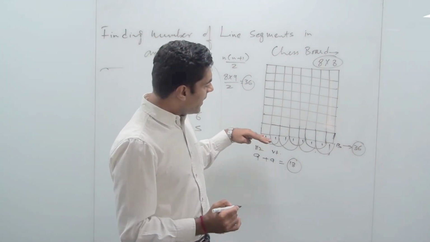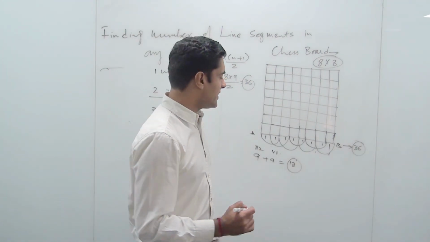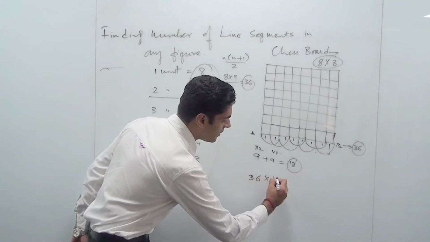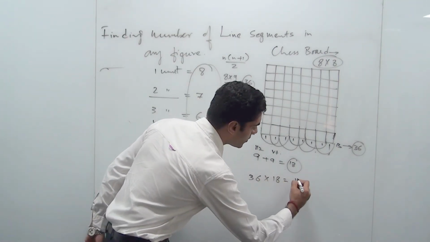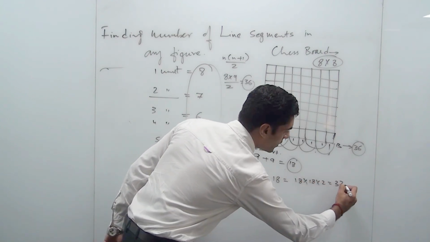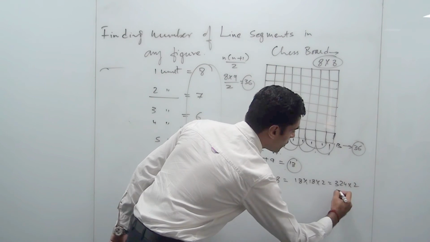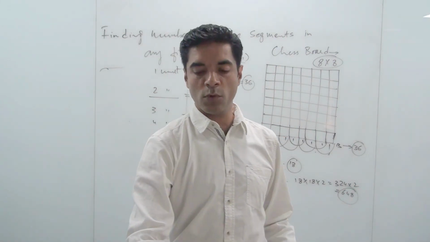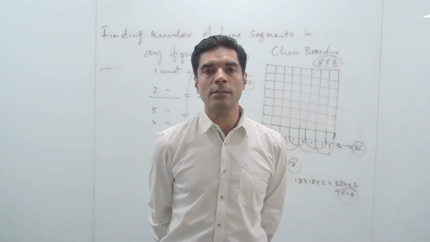The number of line segments in one line is 36. So the number of line segments in 18 lines will be 36 into 18, which can also be written as 18 into 18 into 2. 18 square is 324, and 324 into 2 comes out to be 648. So 648 will be the total number of line segments in a chessboard.